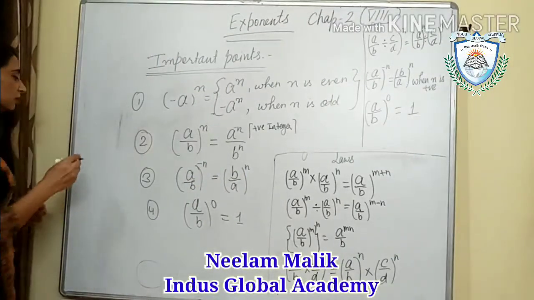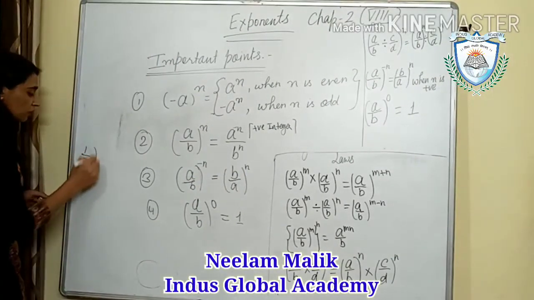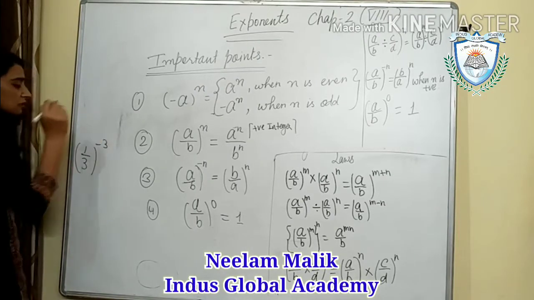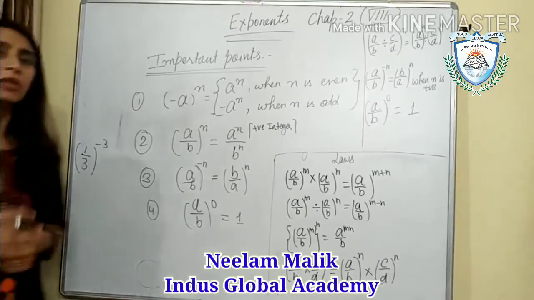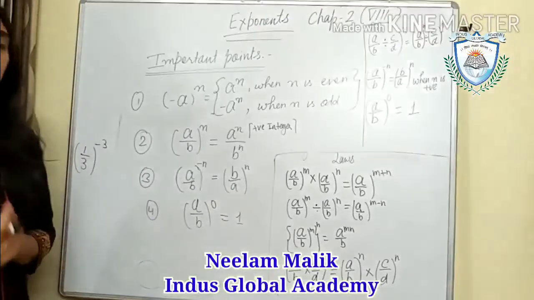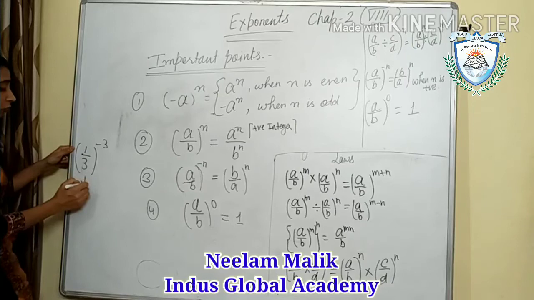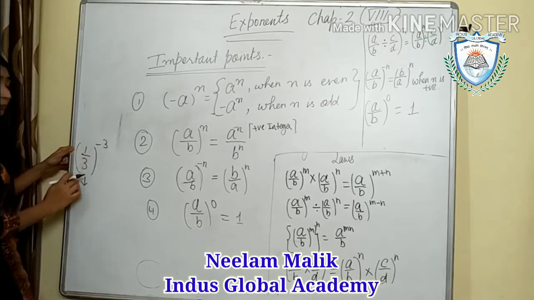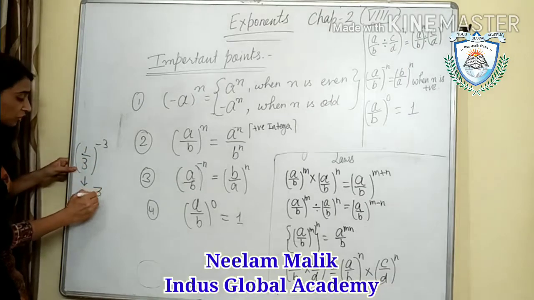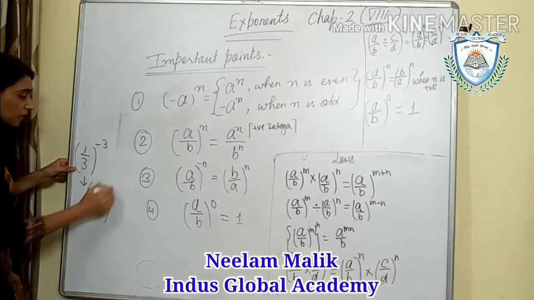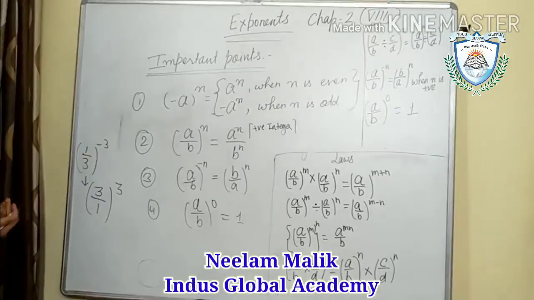I am giving you one example. Suppose you are having (1 upon 3) whole power -3. If the power is negative, what we will do? We will take the reciprocal of that number. So 3 upon 1, and then the power will be positive.